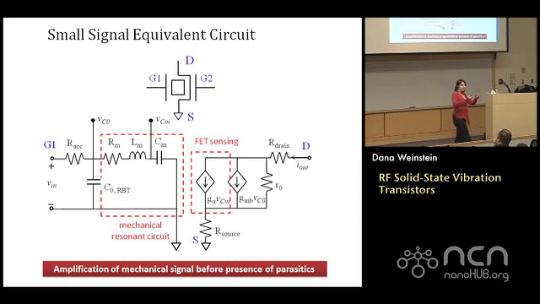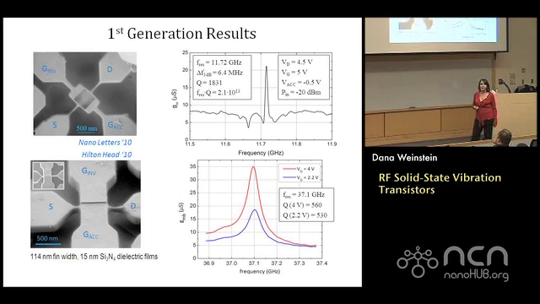So it corresponds to displacement or strain in the structure. So I have here an electromechanical transconductance, which amplifies my mechanical signal prior to any of these parasitics that kill us at high frequency. So we can measure at much higher frequency than possible before. So that's the basic idea of the resonant body transistor.